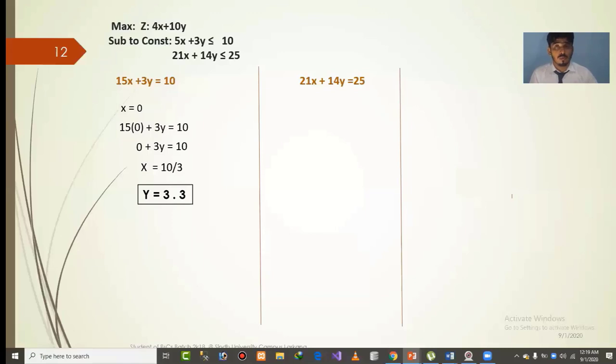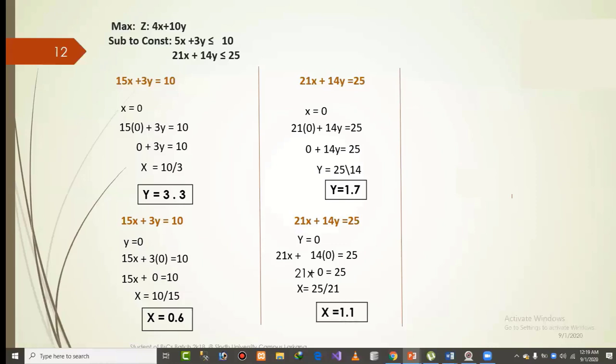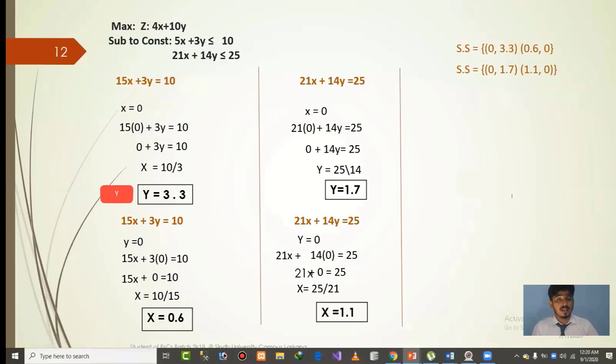Now we need to find the value of x, applying the same steps to find the value of x. Now we have the coordinates of x and y. Let's place these coordinates on our graph.